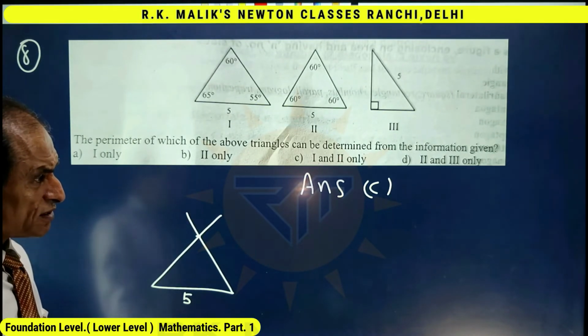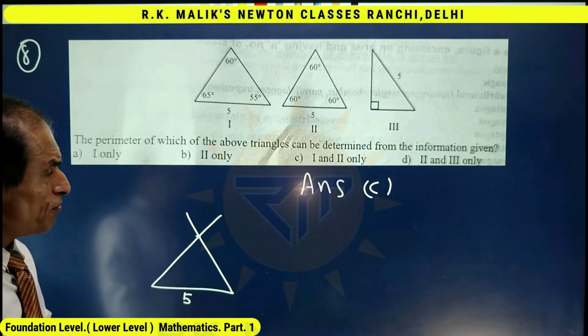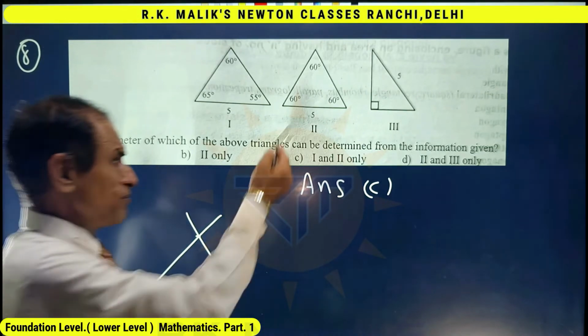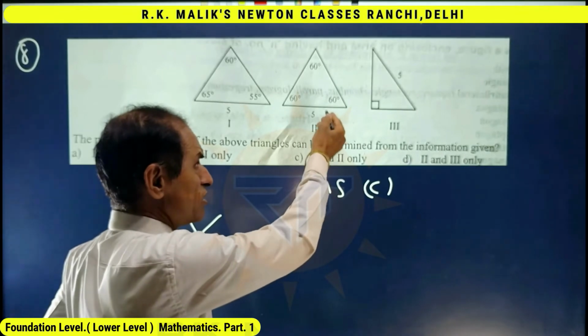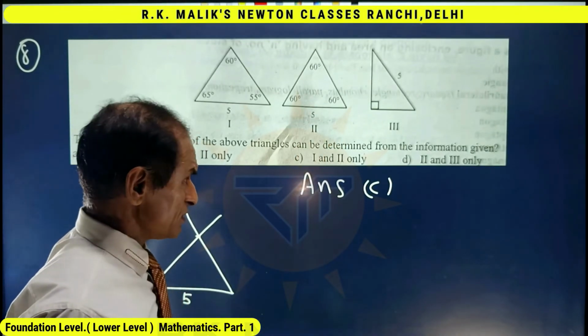And a unique triangle means the perimeter will be fixed. Similarly, using the same thing here, the perimeter is fixed.